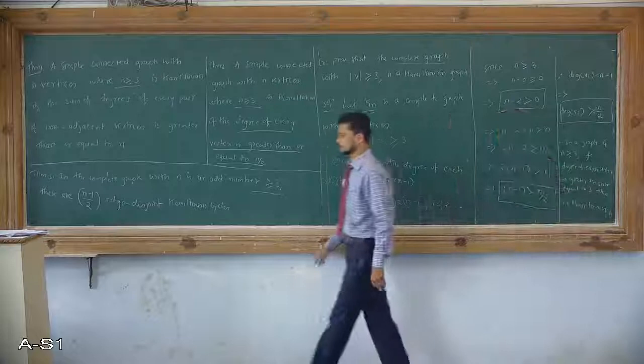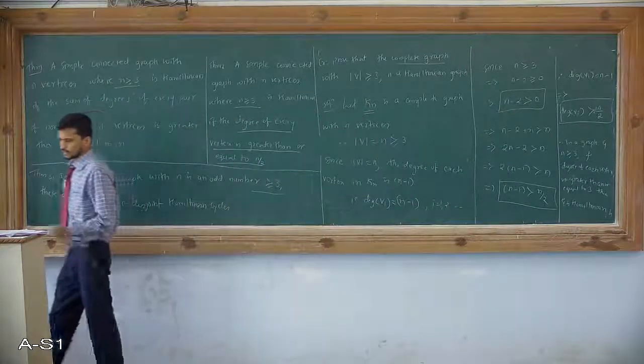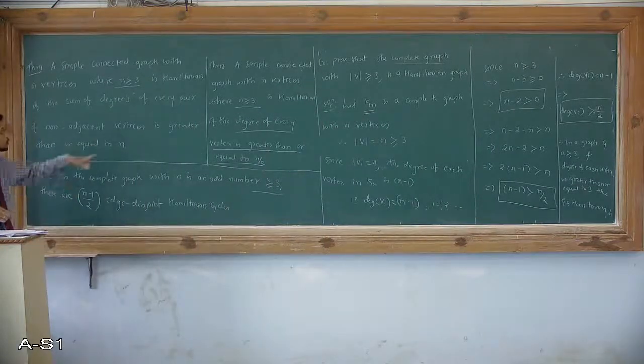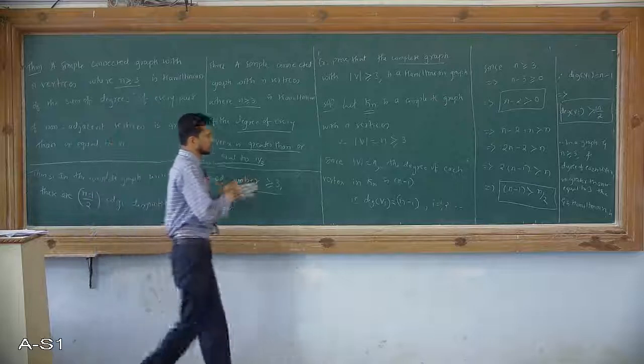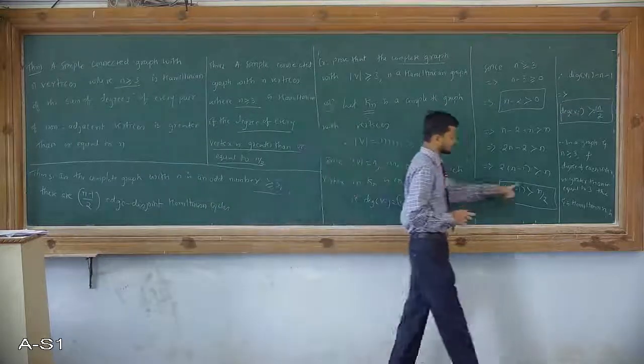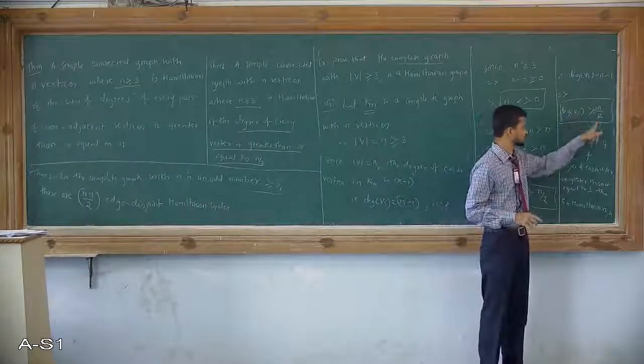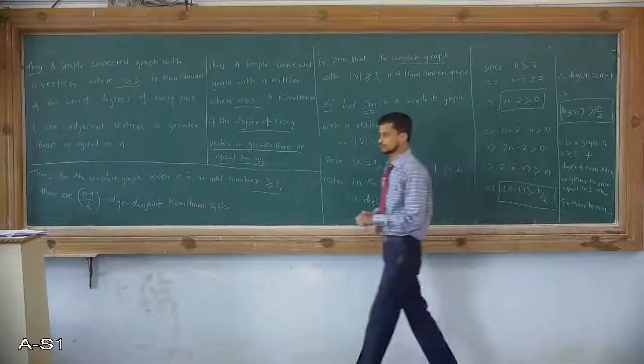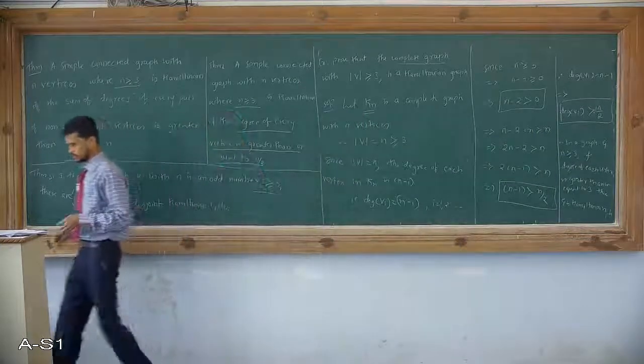Here I am using theorem 2 to solve this question, because I end up with the degree of each vertex being greater than n by 2. So the graph is said to be a Hamiltonian graph.